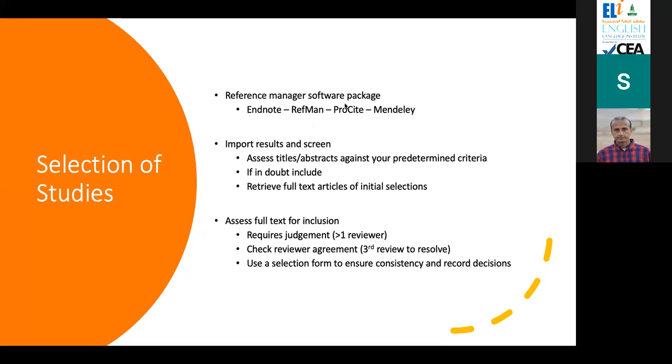You can use any one, but it should be predetermined that you'll be putting all the citations of those particular studies in a specific place. Import results and screen. These reference managers will help you get all the metadata of these research studies, and you can put them in a particular place so that it is within your range. Then access full text for inclusion.